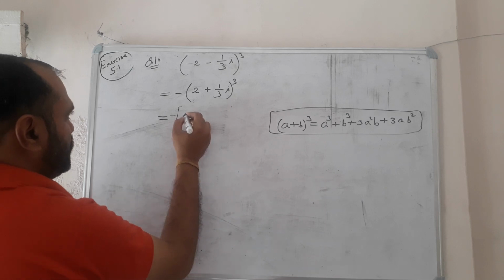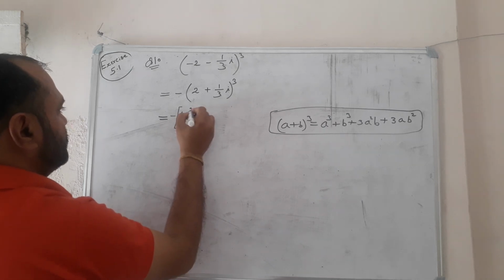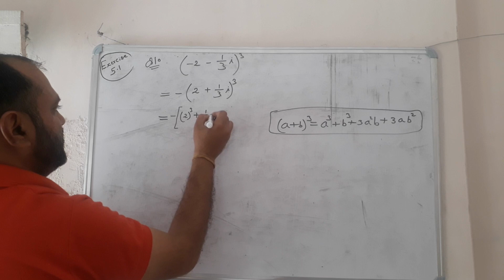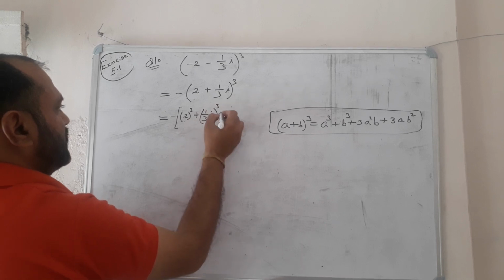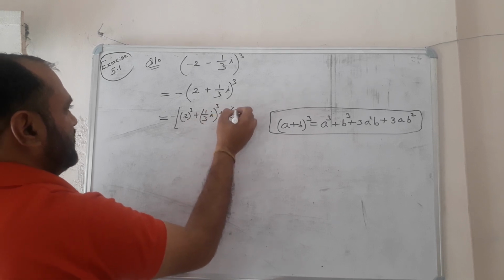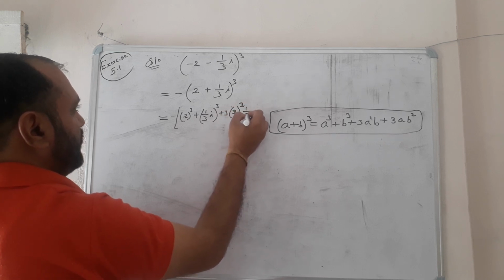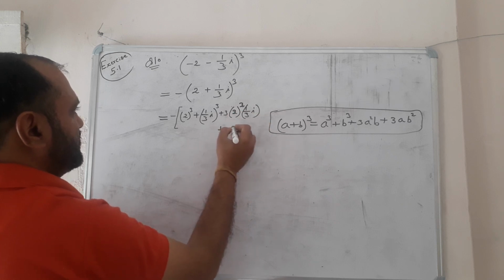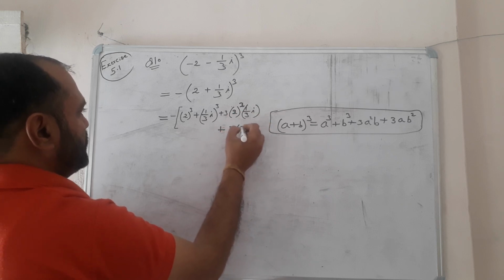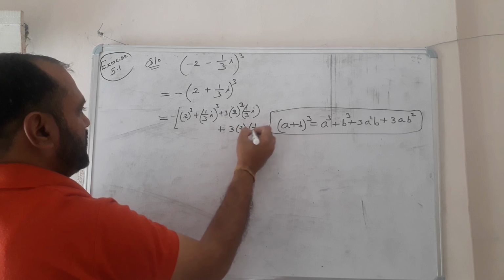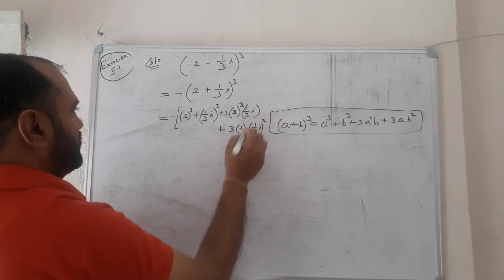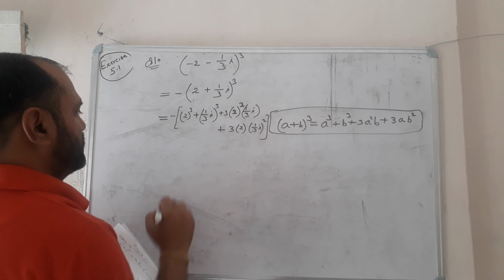So this is 2 cube plus 1 by 3 iota cube plus 3 into 2 square into 1 by 3 iota plus 3 into 2 into 1 by 3 iota square, bracket close.